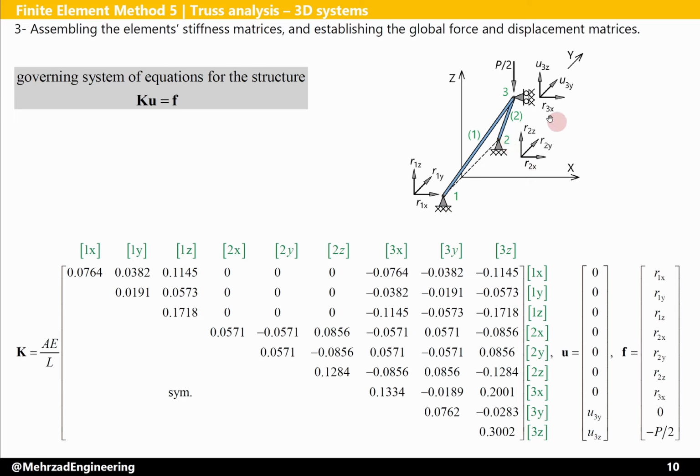At node number 3 the reaction in x direction is unknown, r3x, but the external force in y direction is known and is equal to 0. We don't have any applied external force in y direction, but in z direction the external force is equal to minus P divided by 2.